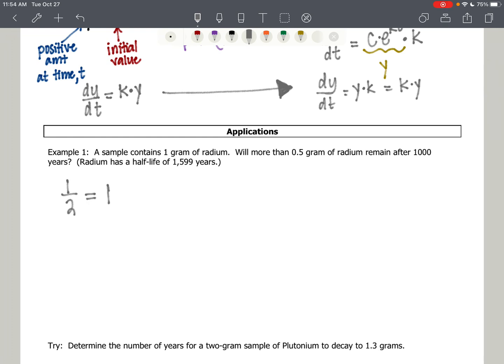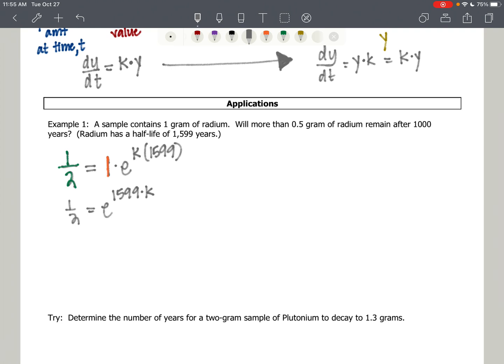If we start with 1 gram times e raised to the constant of proportionality times the amount of time, then 1,599 years later, if we start with 1, we'll have 1/2 remaining. It's a very long time. So 1/2 equals e to the 1599 times k.